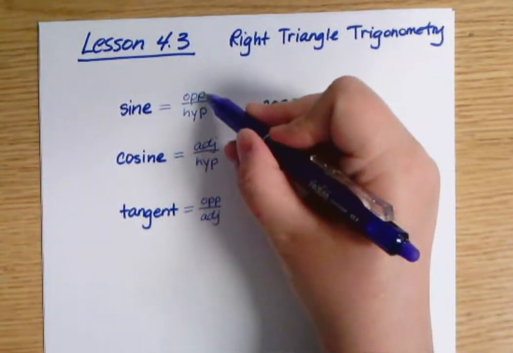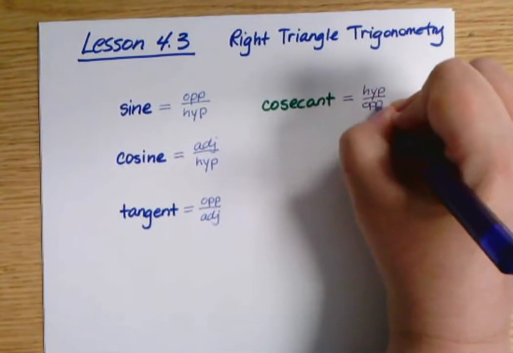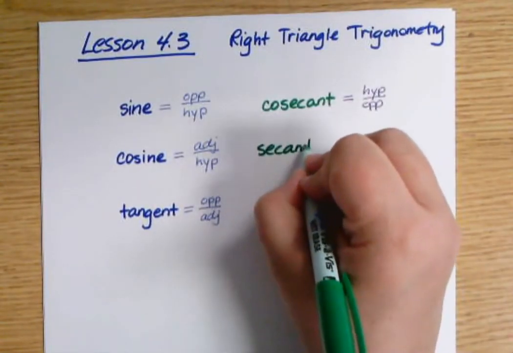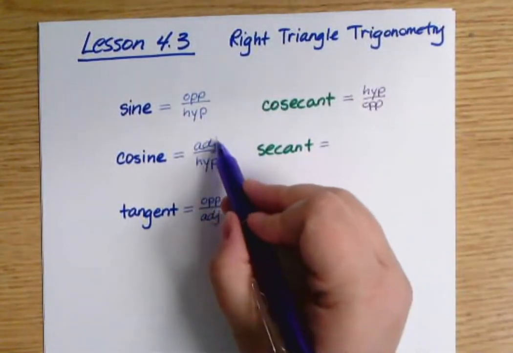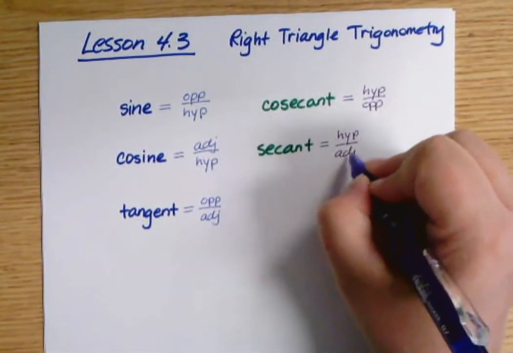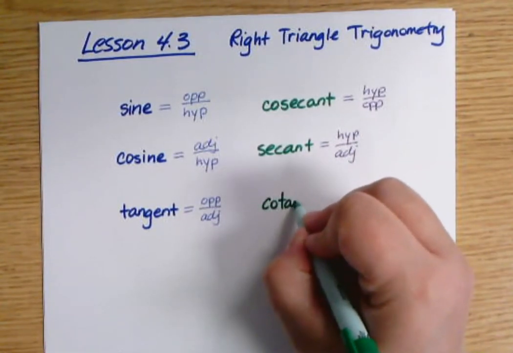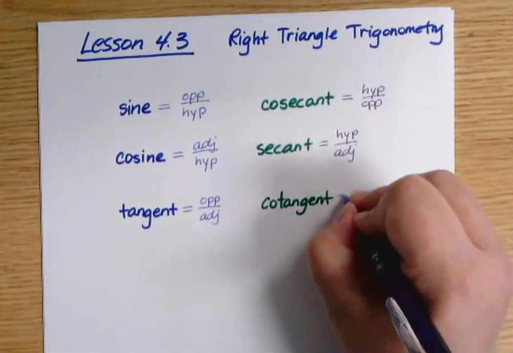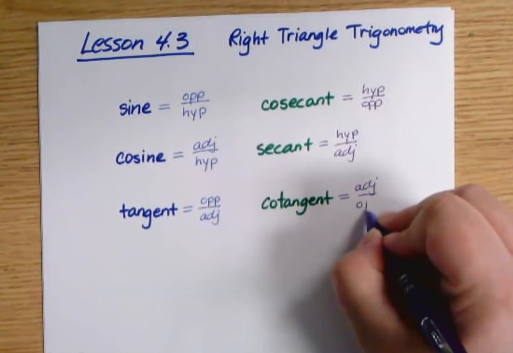So instead of being the opposite over the hypotenuse, it's the hypotenuse over the opposite. Then we have the secant, which is the reciprocal of the cosine. So instead of adjacent over hypotenuse, it's hypotenuse over adjacent. And finally, we have the cotangent, which is the reciprocal of the tangent. So instead of opposite over adjacent, it's the adjacent over the opposite.